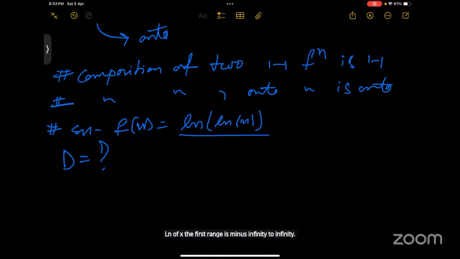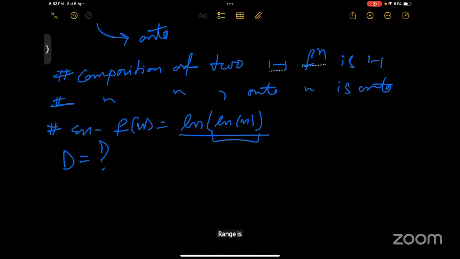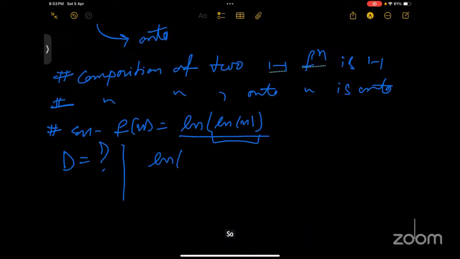So we will start with this portion, right? We know that the domain of the logarithmic function is 0 to infinity, and the range is real numbers. So that means this ln x should be greater than 0, otherwise we can't define it.